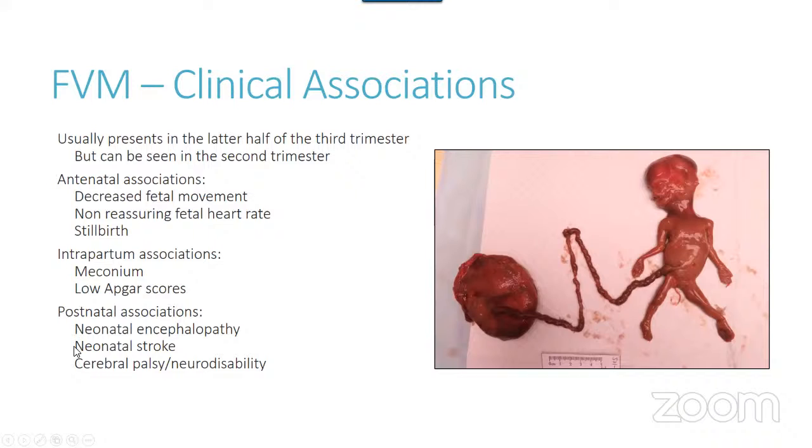For this reason in particular, there tends to be a medical legal interest in the diagnosis of FVM, as well as a possible explanation for poor neurologic outcomes later on in childhood. So this is a fairly small part of placental pathology, as you saw in the prior slide, but it can really have quite far-reaching clinical implications for the fetus and neonate.